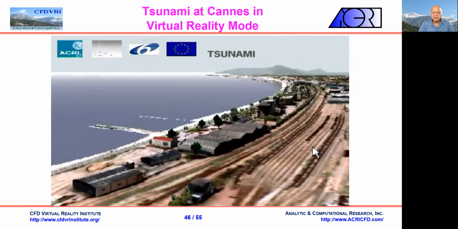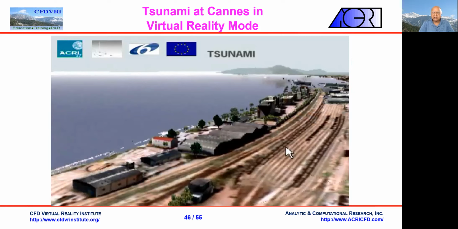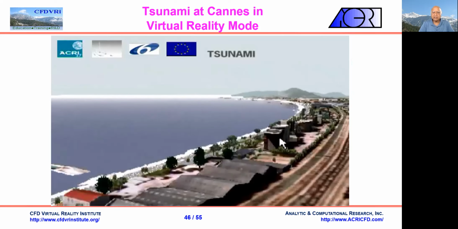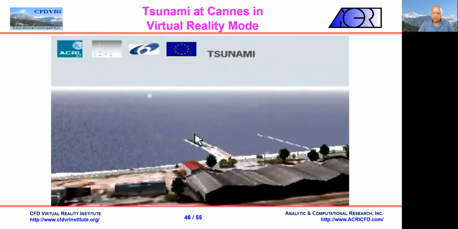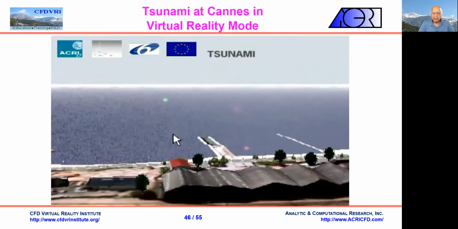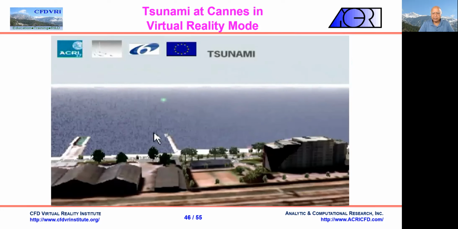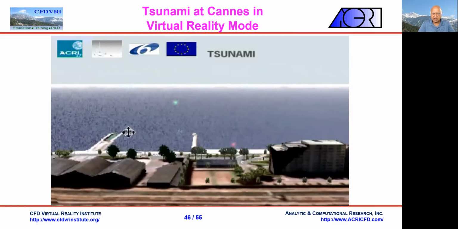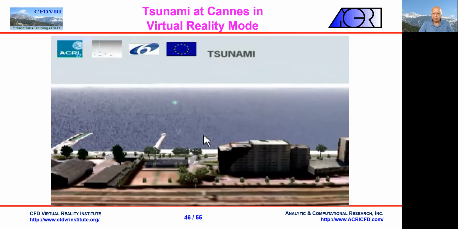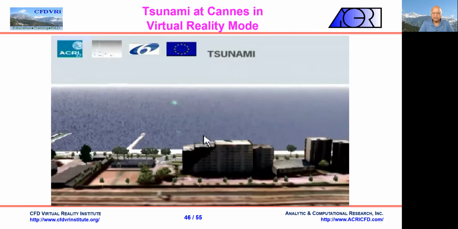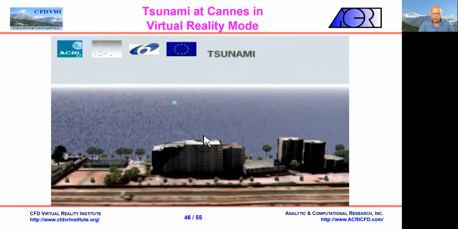Here is a crude attempt at what the future may look like. Here is a tsunami that is actually imposed on the topology of the city of Cannes. So we could see how much flooding occurs, where it occurs, and how to define a strategy so the damage is minimized.